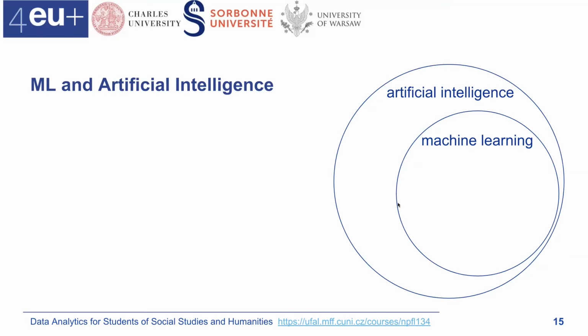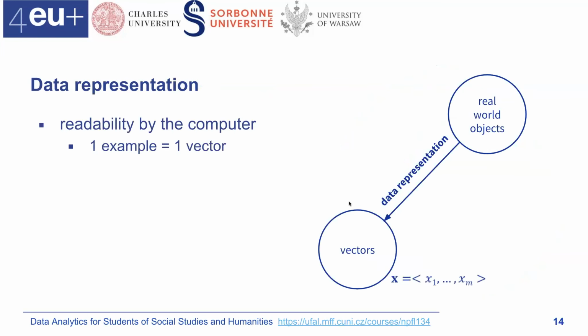So artificial intelligence is an interdisciplinary field that combines branches of computer science, statistics, and mathematics, including machine learning, natural language processing, robotics, computer vision, and so on. So that's the context of machine learning with respect to artificial intelligence.